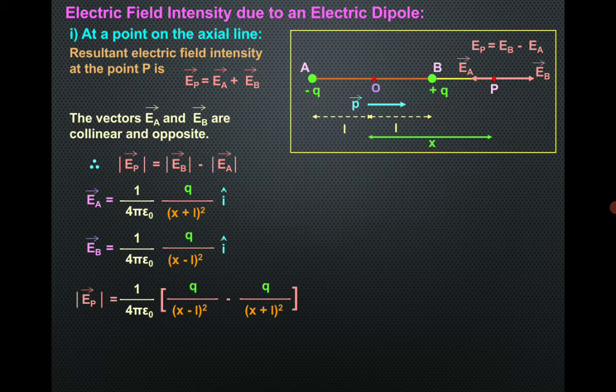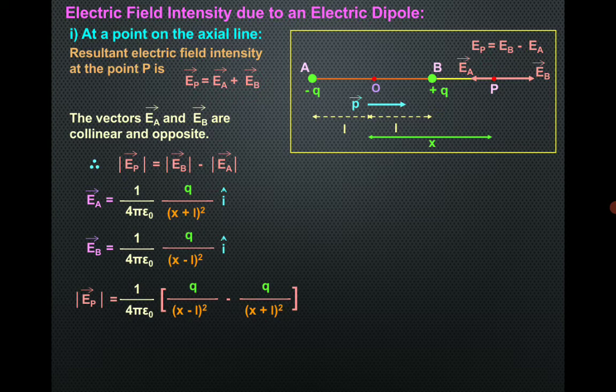So we have written Q upon (x plus L) square for vector EA and Q upon (x minus L) whole square for vector EB. Other things are already there, 1 upon 4 pi epsilon naught and I cap.